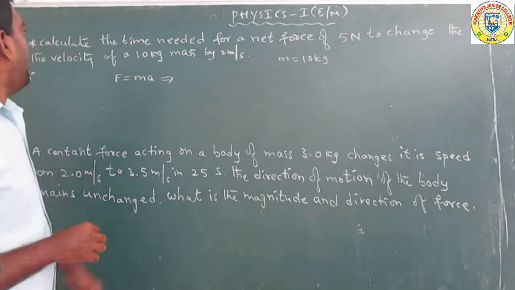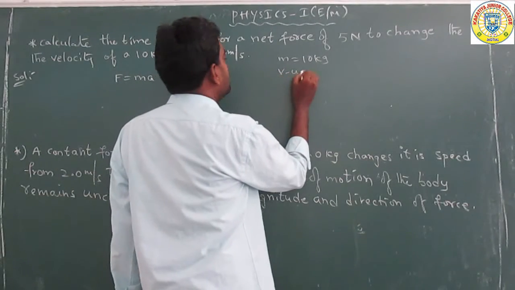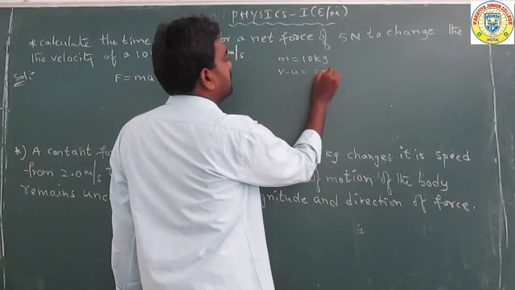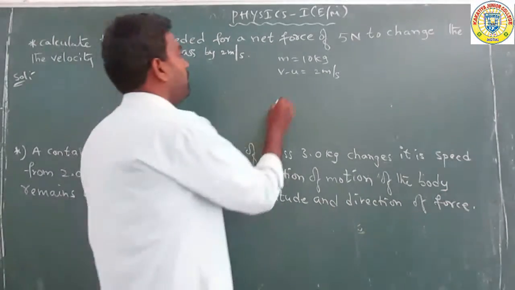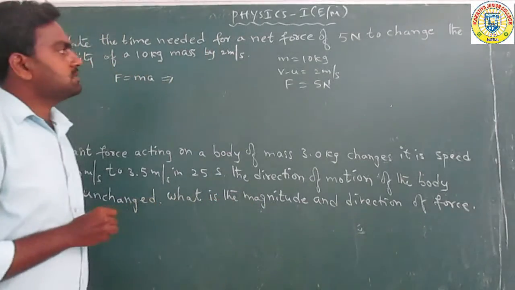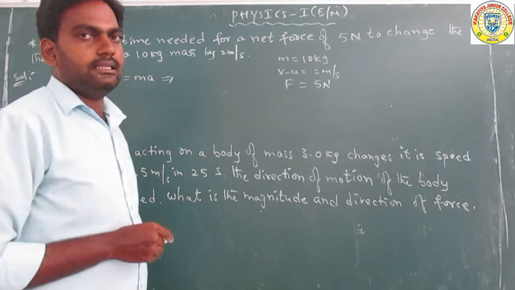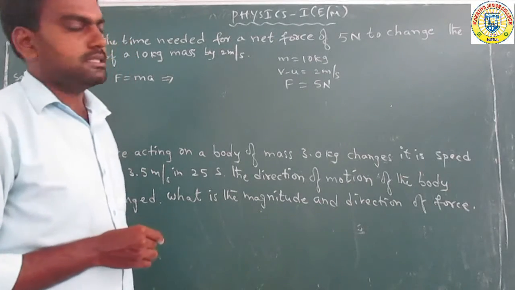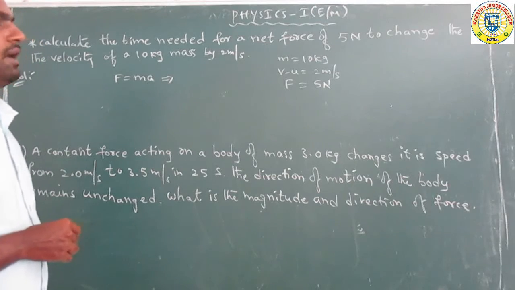The change in velocity v - u = 2 meters per second, and the force F = 5 newtons. So the given information is: mass of the body 10 kg, change in velocity v - u = 2 m/s, and F = 5 newtons.